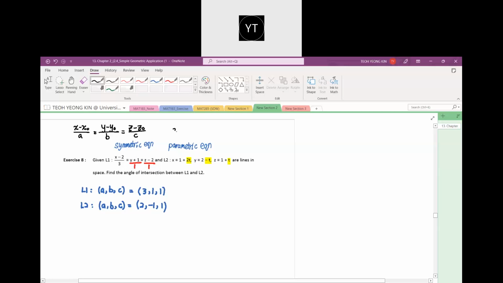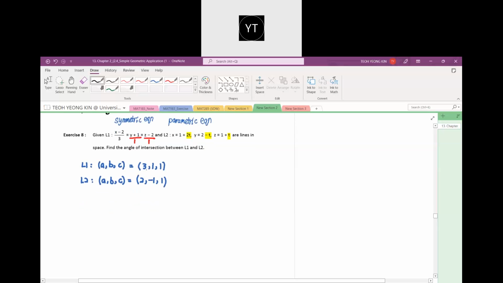Parametric equation: x equals x naught plus T times A, y equals y naught plus T times B, and z equals z naught plus T times C. So A, B, C are in front of T, or sometimes the question uses S, so in front of S. That's why I use T here for A, B, C. The ones at the bottom, if there is none, it means over 1. It's 1. This is over 1.